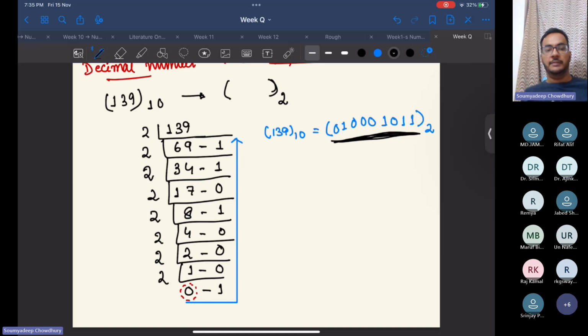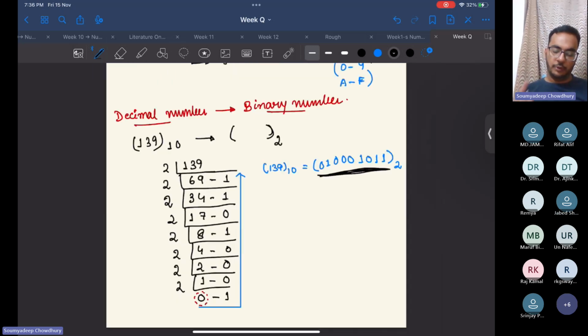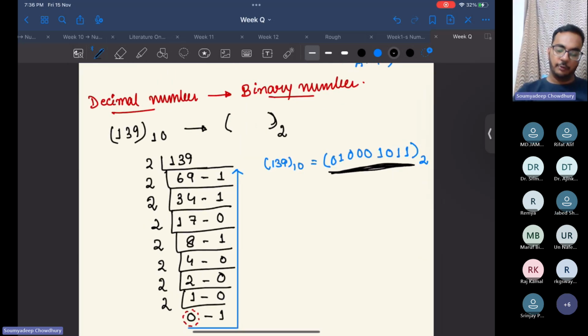Is this process clear? Yes, sir. Okay. So now your homework will be to write a MATLAB code for this.